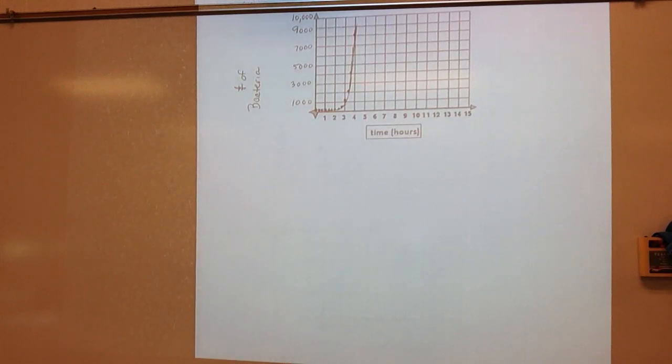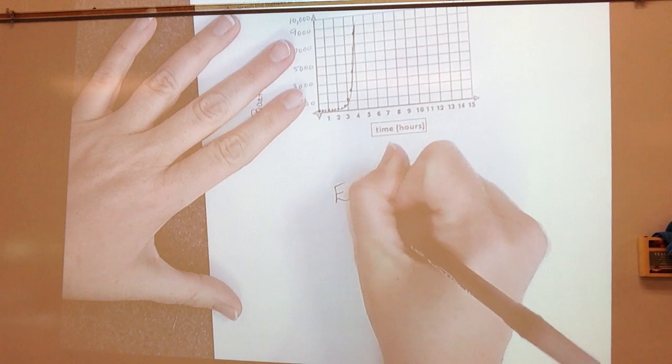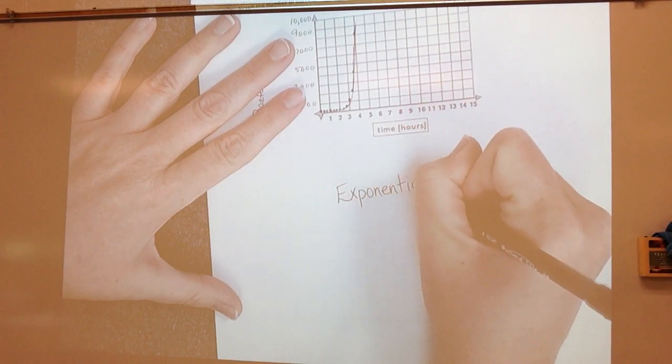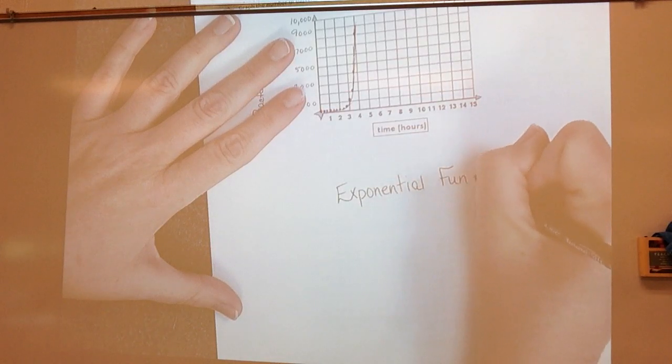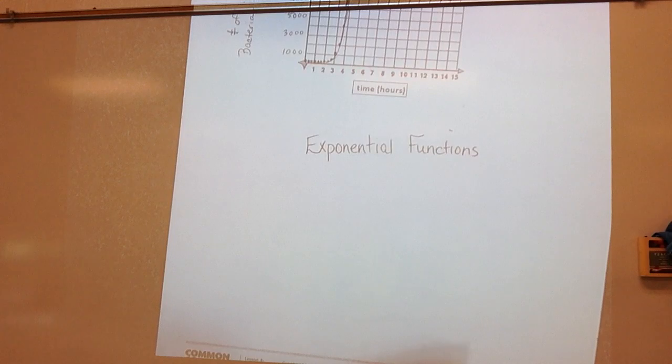These graphs are examples of exponential functions. So if you want to know what an exponential function looks like on a graph, it's going to look something very similar to the 3 graphs we just did. Okay? So, let's talk about this for just a second.